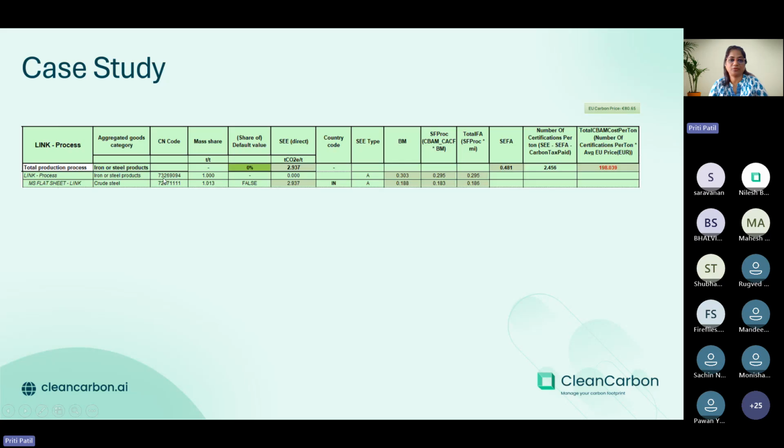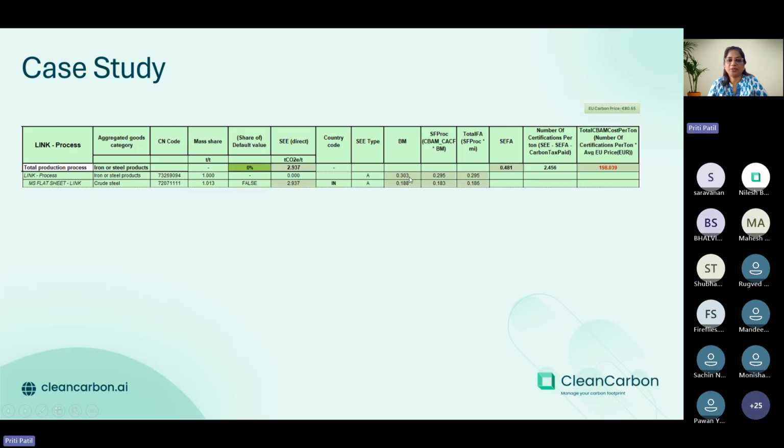For the CN code 7326, meaning iron and steel product, it is 0.303, and for the flat sheet, it is 0.188. So these low numbers are the benchmarks. This much only is the free allocation. Our SE number is much higher than that actually.